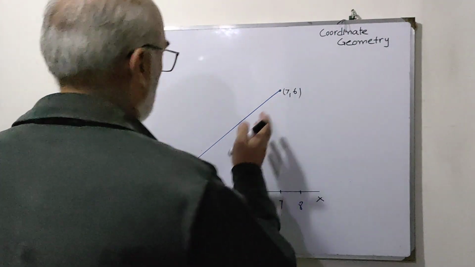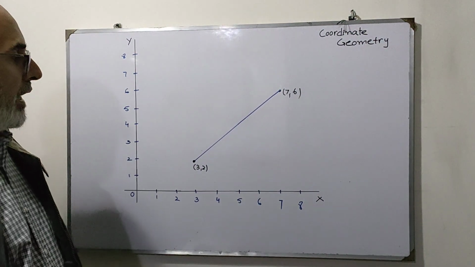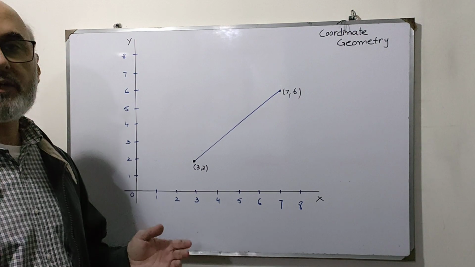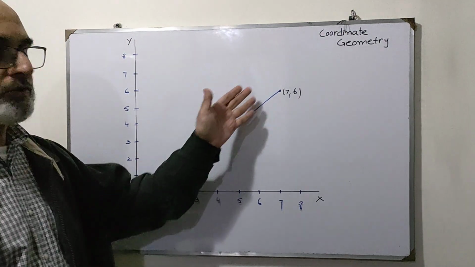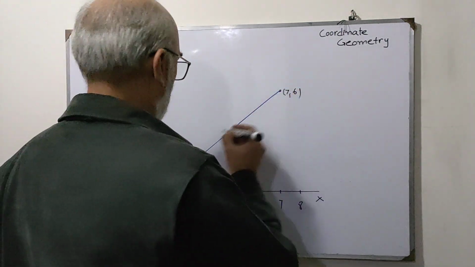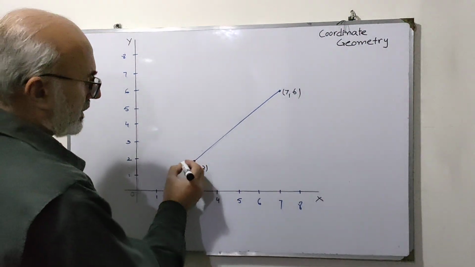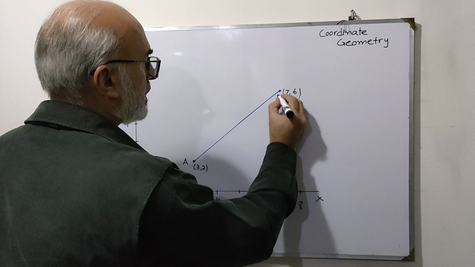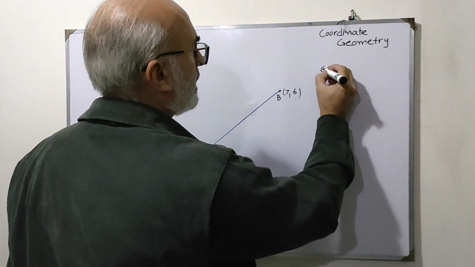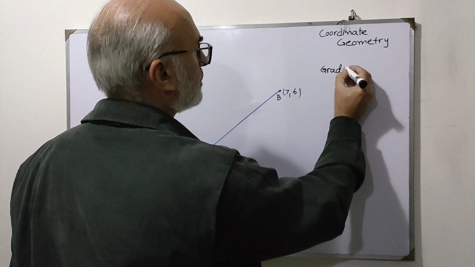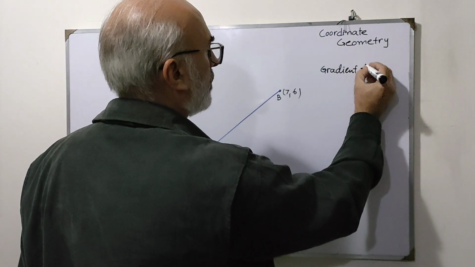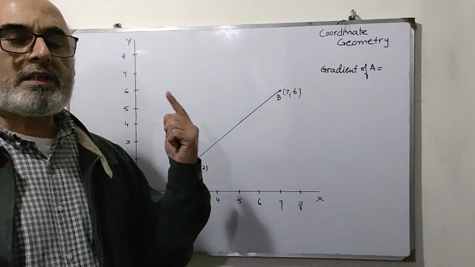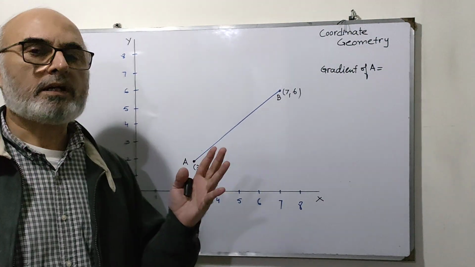Okay, we have a straight line now, and let's find out the gradient or slope of this straight line. Before we find it, let's mark these 2 points. This is A and this is B. So the gradient of AB equals, it's very simple to remember how to calculate gradient.